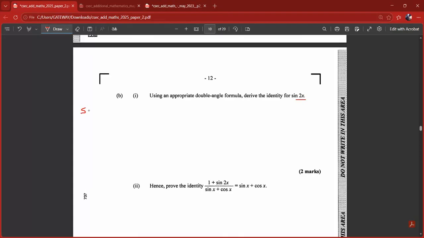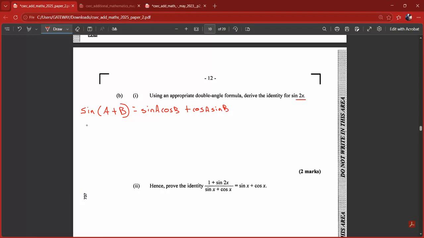So I have sine of, well, a plus b from the formula would be equal to sine of a cosine of b plus cosine of a sine of b.